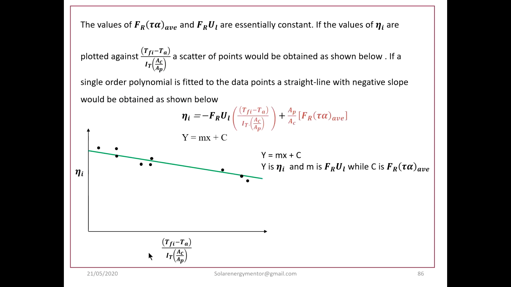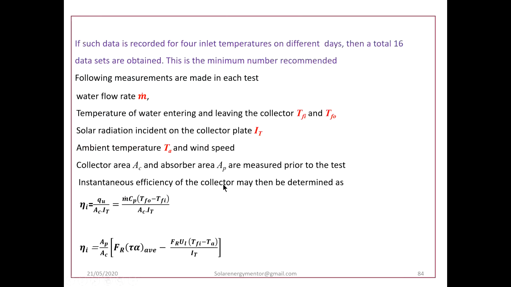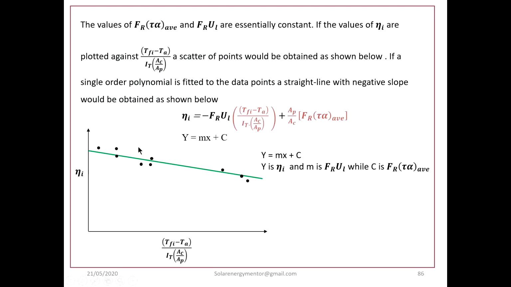So if the values of efficiency are plotted against (TFI minus TA) by IT into AC upon AP, we will get these types of data points. Out of these tests, we can take a number of readings and plot the data like this.